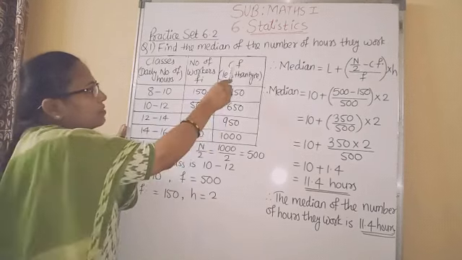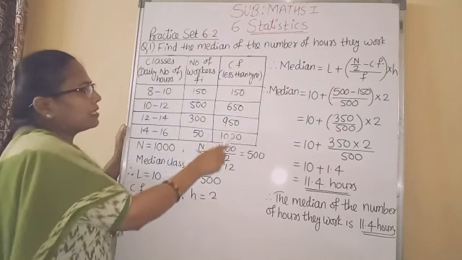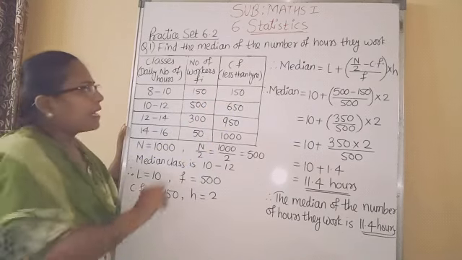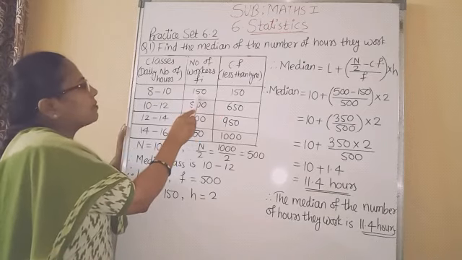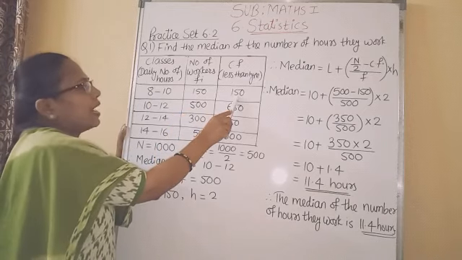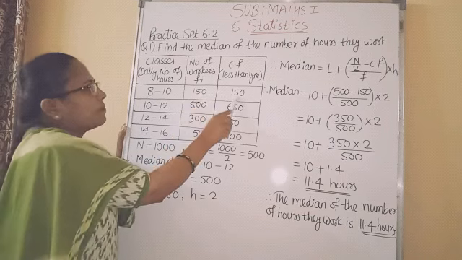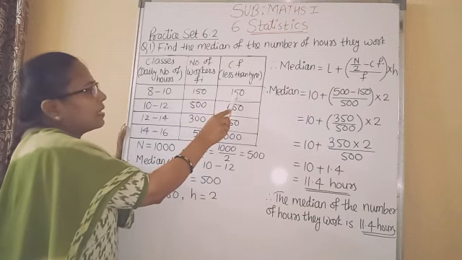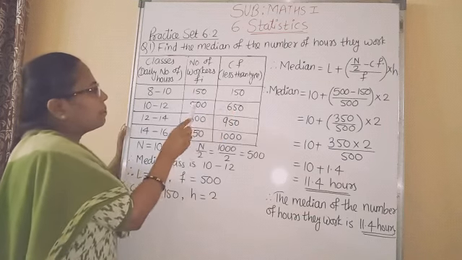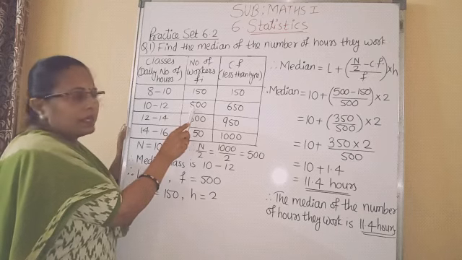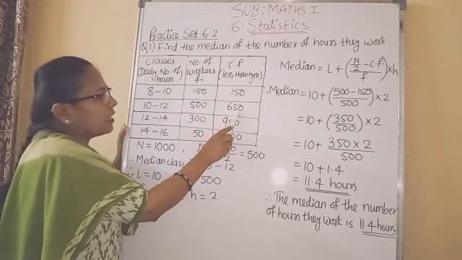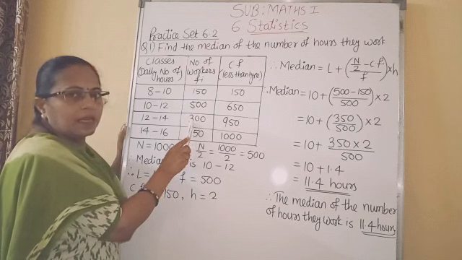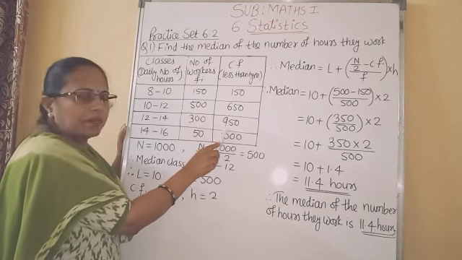Now let us see how to prepare CF. In less than type cumulative frequency, the first class frequency we carry as it is. So 150 we carried as it is. Then 150 plus 500 is equal to 650. Then 650 plus 300 equal to 950.